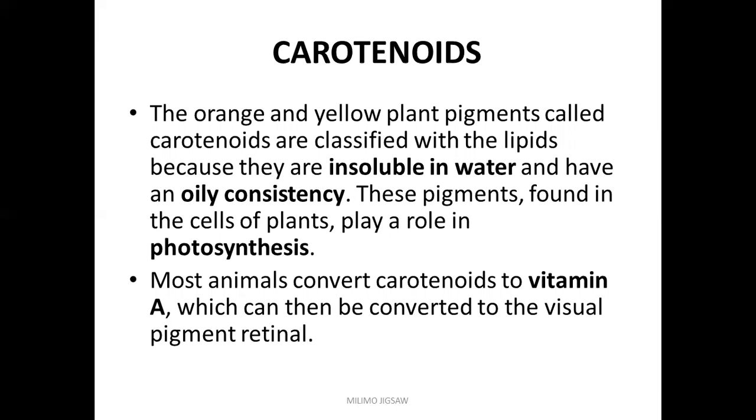No wonder vitamin A is very important for sight. For example, carrots are very important for sight because they contain carotenoids which are converted to vitamin A, leading to better functionality of the eyes and sight.